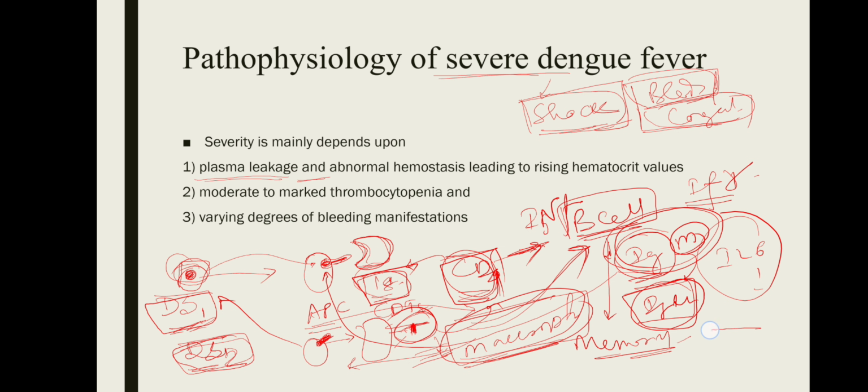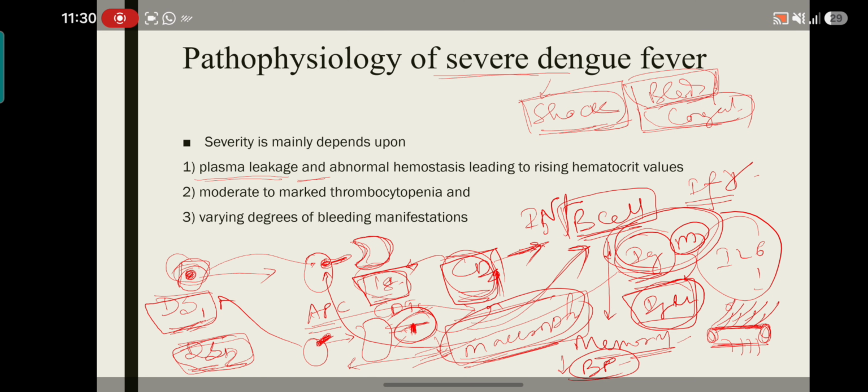It destroys the blood vessels and makes them leaky, and all the fluid gets out of the blood vessels. So, due to the decreased amount of fluid in the blood vessels, the blood pressure gets low.